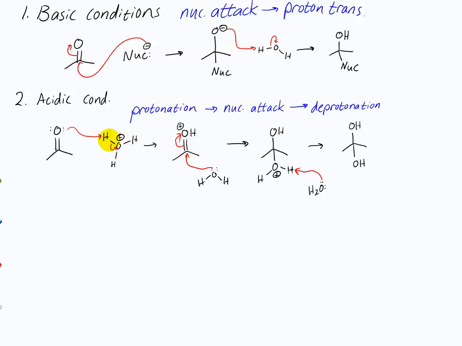We didn't have that carbonyl group flipping the electron. Sure, but why doesn't a water molecule just attack the carbonyl and cause the electrons to come up and have a negative charge on the oxygen? Why not do that first and then protonate it?